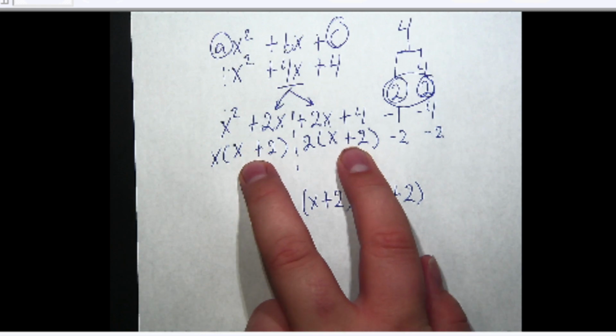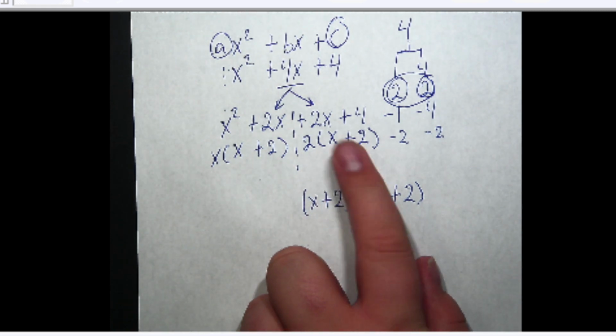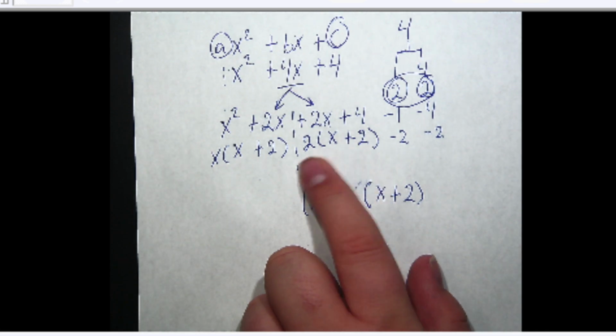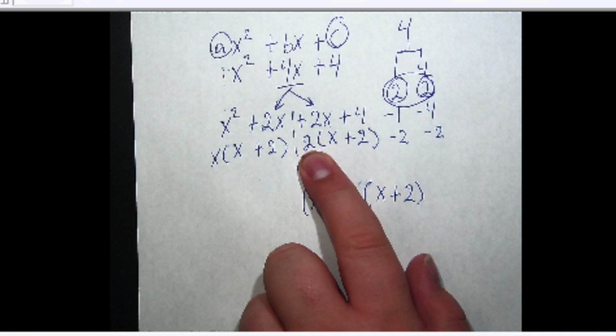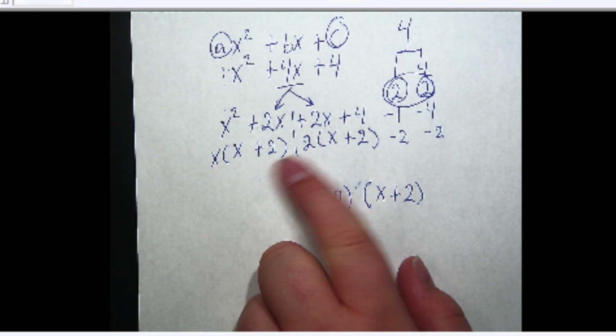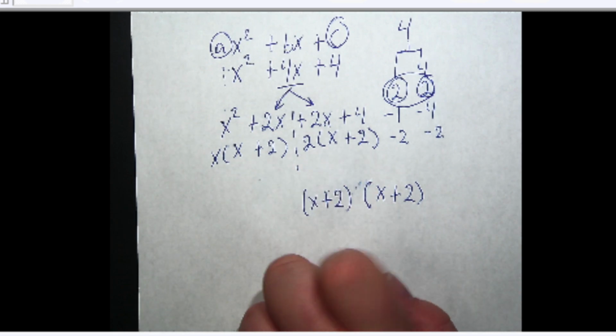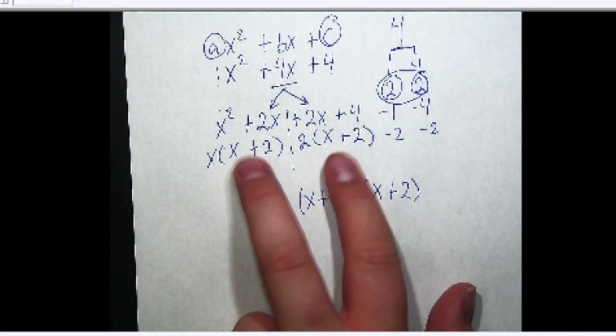If they don't match, then you haven't factored correctly. So you might have to play around with what you take out, like what number you take out, what sign you take out. You might have to take out not just a 2, but a negative 2. So it can get a little bit complicated. But again, it's nice because you know if you did it correctly.